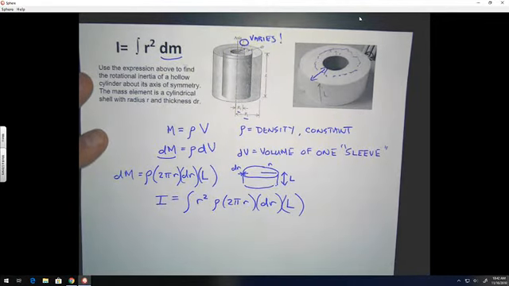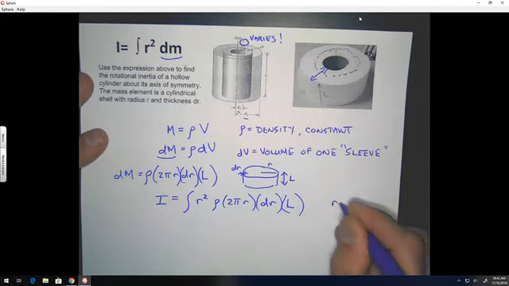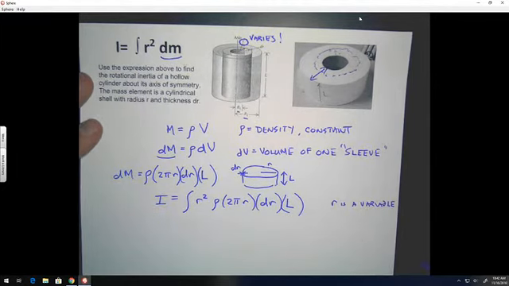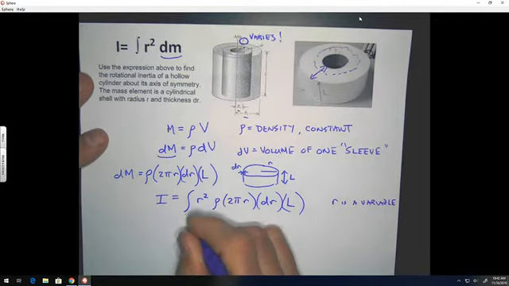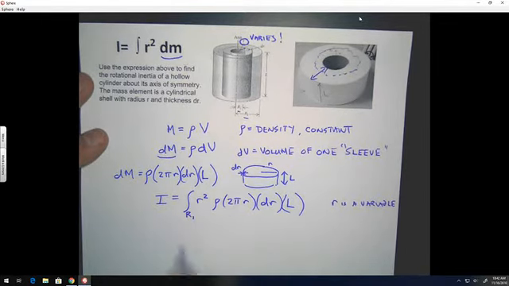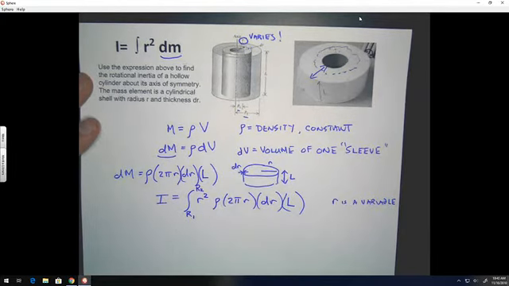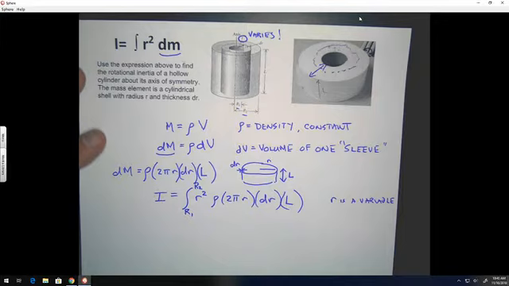So in the integral itself, this is going to be our variable of integration. So r is a variable. Now, what is not variable would be the inside radius, which I'll make the inner endpoint, and the outside radius, which I'll make the outer endpoint. Those are fixed values. You might be given those in a problem.